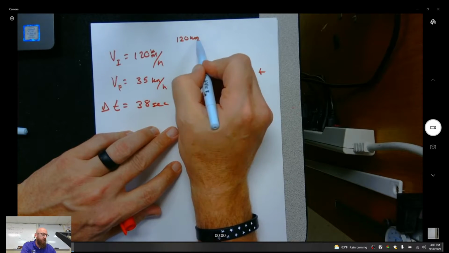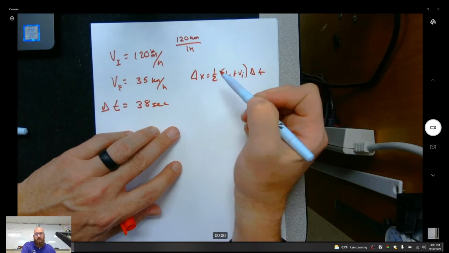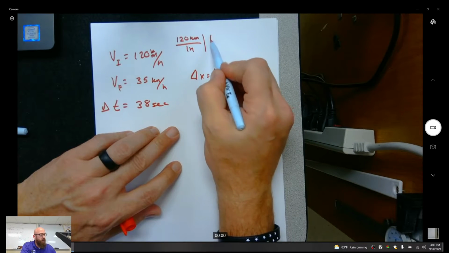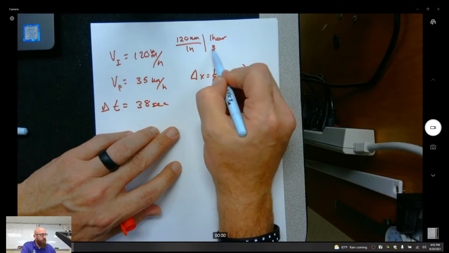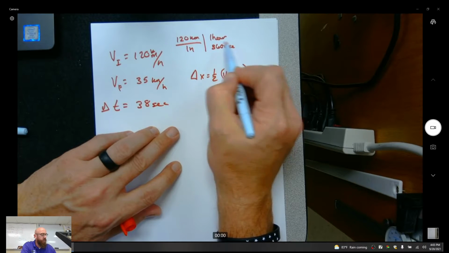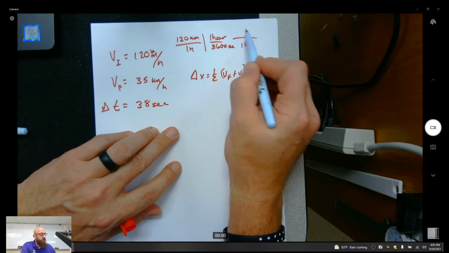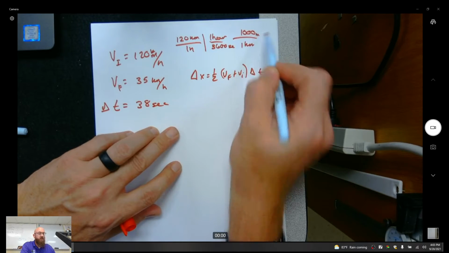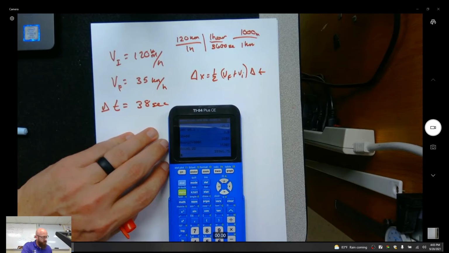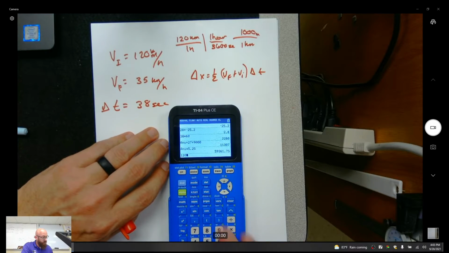120 kilometers over 1 hour. 1 hour is equal to 3,600 seconds, and 1 kilometer is equal to 1,000 meters. Again, 120 times 1,000 divided by 3,600.